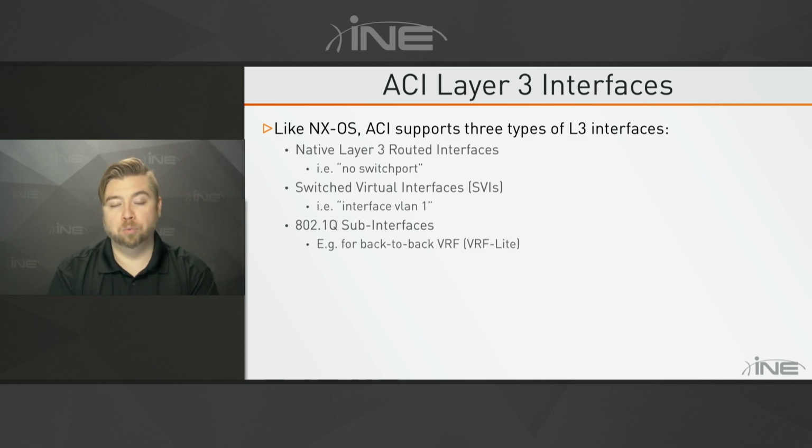We also have our switch virtual interfaces, our SVIs, or simply our VLAN interfaces, which are the layer 3 representation of the layer 2 bridge domain. So this is typically where we have the default gateways for our servers. And then our third variation is sub-interfaces, 802.1q sub-interfaces for a layer 3 routed interface.